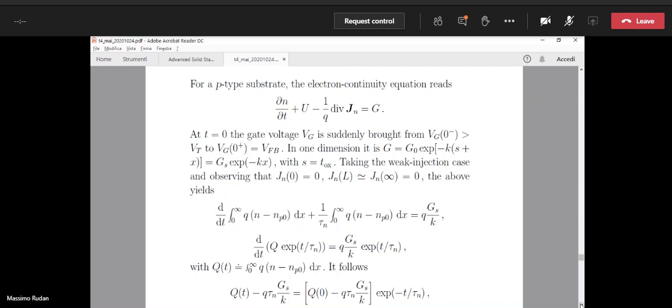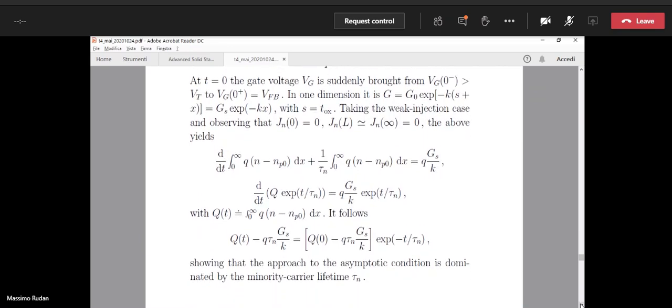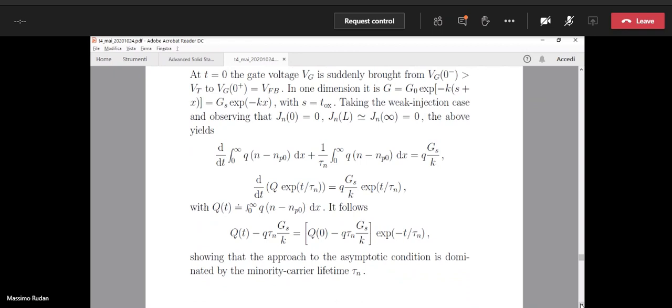So in conclusion, we obtain a differential equation with respect to time that is immediately integrable. The integration is shown in the midsection of the page. It is like having the derivative of Q times the exponential of t over tau n equal to q Gs over k again times the exponential of t over tau n.